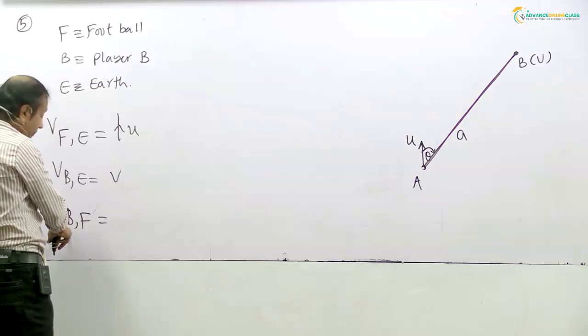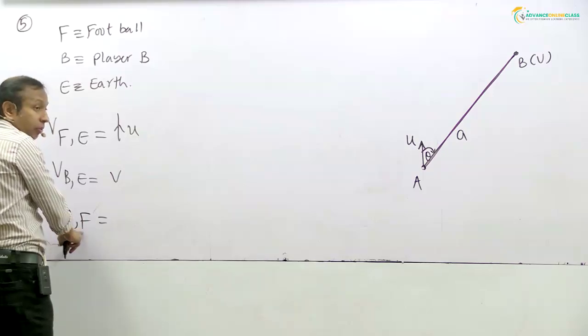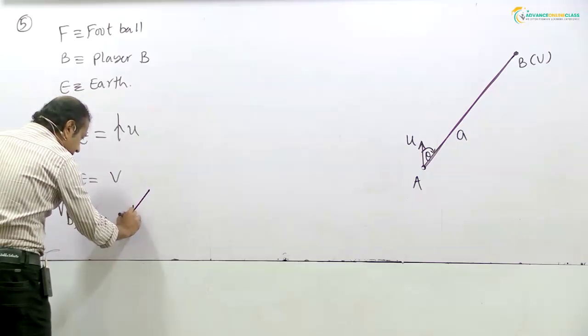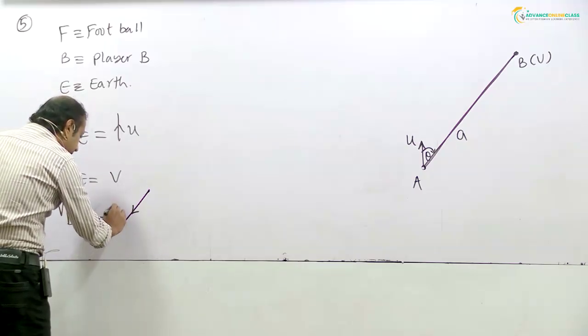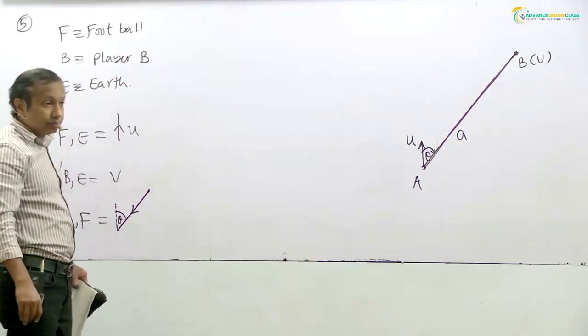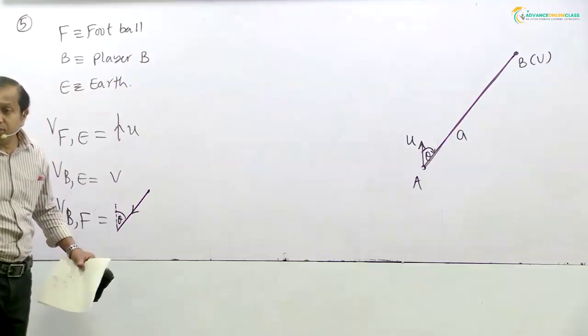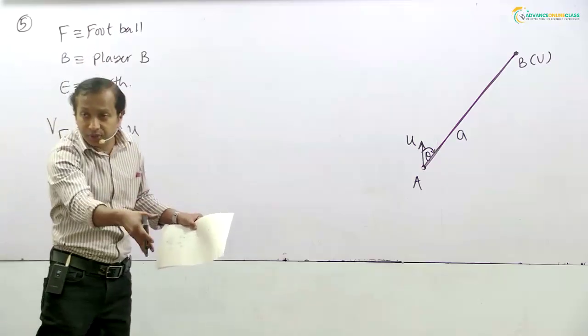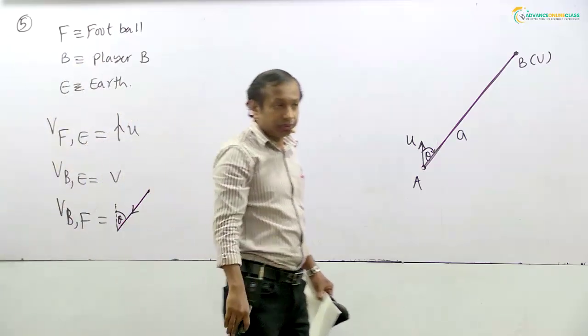The ball is F. Player B relative to the ball should be this way, making an angle theta. Right. In order to kick the ball, player B should go to the ball. Then relative to the ball, the player should come towards the ball. Yes. Right.